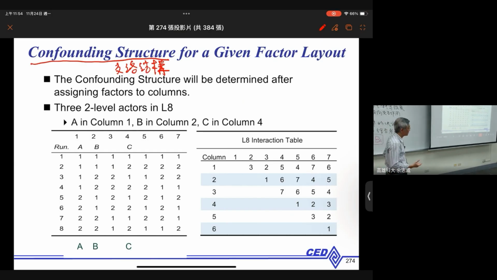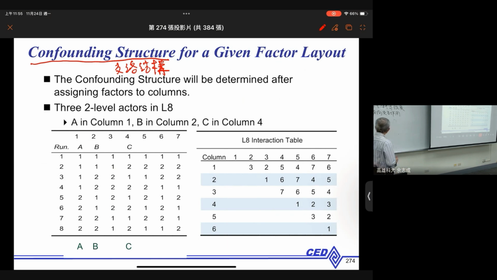Let me give you a hint. Columns 1, 2, 3, 4, 5, 6, 7, just like our previous exercise, A, B, and C. We can use that interaction table to find out the interaction of A and B. Since A is in column 1 and B is in column 2, the interaction will happen in column 3.